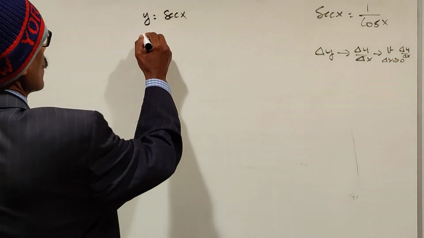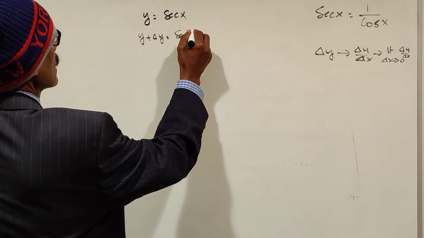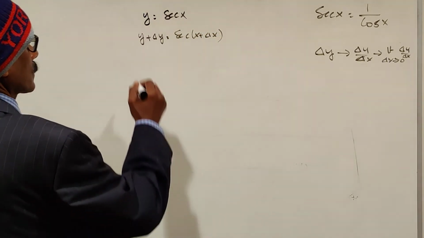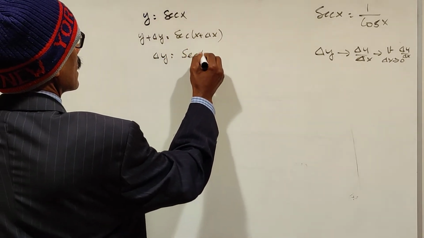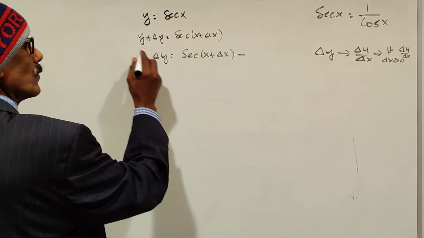Okay, first y plus delta y equals sec of x plus delta x. Then delta y equals sec of x plus delta x minus y. Y is sec x.